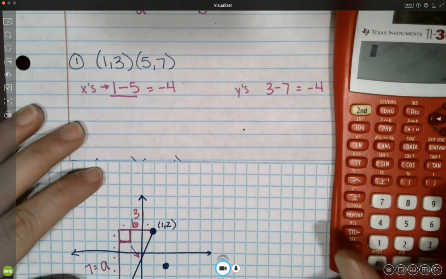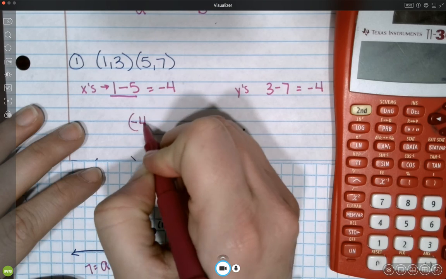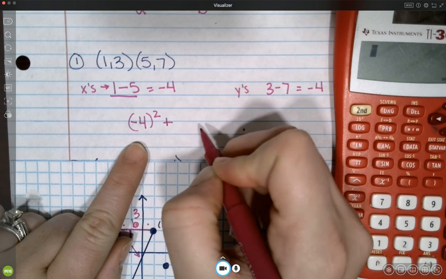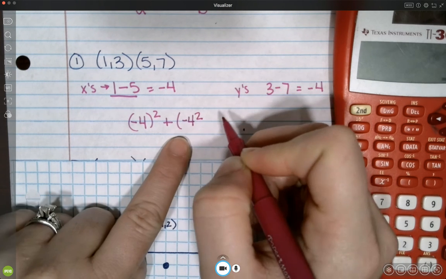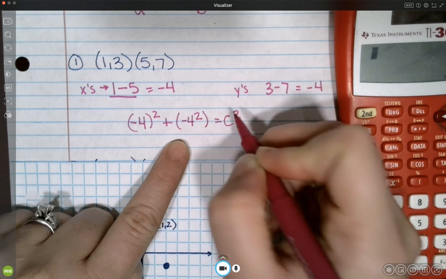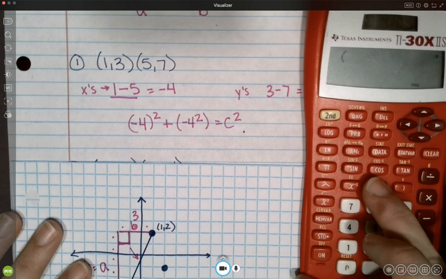All right, so we're going to have negative 4 squared, there's my a, plus negative 4 squared, that's my b, equals c squared, because that's my Pythagorean theorem. All right, so I'm going to type it in exactly how I wrote it.